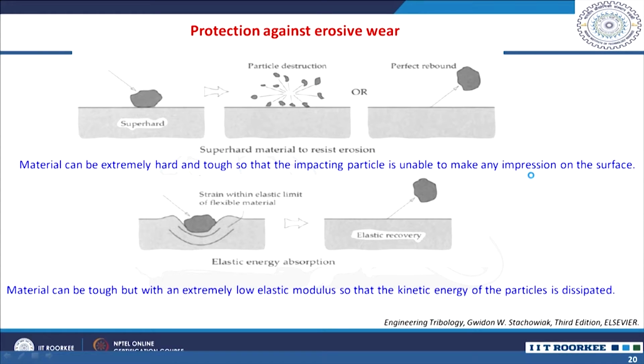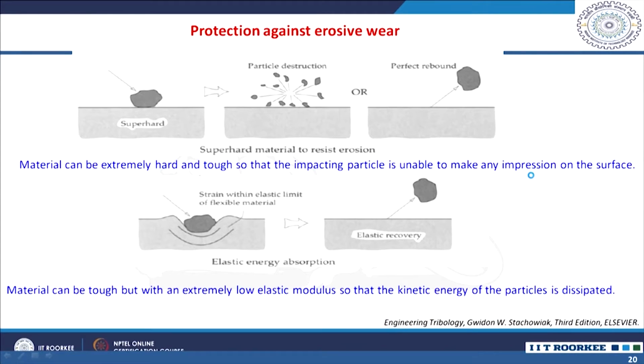So, finally, how to protect the materials against erosive wear? There are two ways to protect. One way is to have a material with extremely high hardness, but at the same time tough, so that the impacting particle is unable to make any impression on the surface.